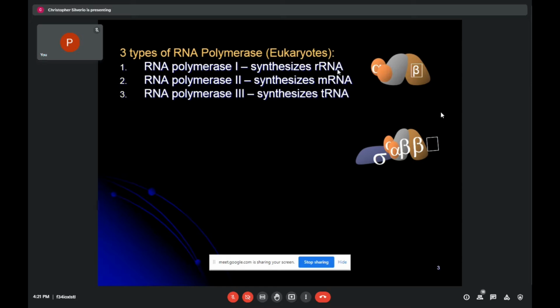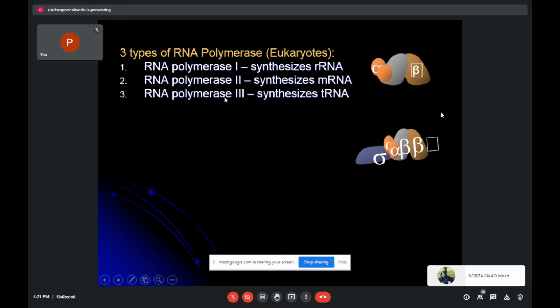But the most commonly used polymerase that I will be discussing with you is RNA polymerase 2, which is responsible in the transcription process, wherein messenger RNA is synthesized.